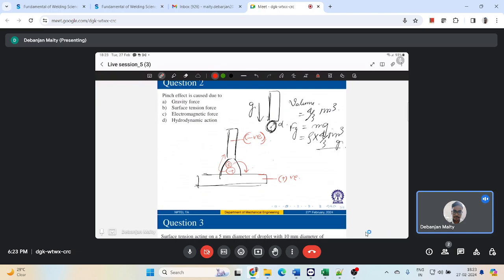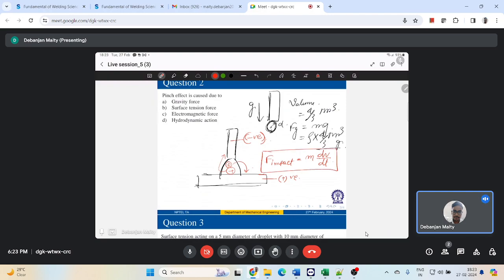Now, how can we find out the force due to impact? Force due to impact will be m dv/dt, the momentum, right?